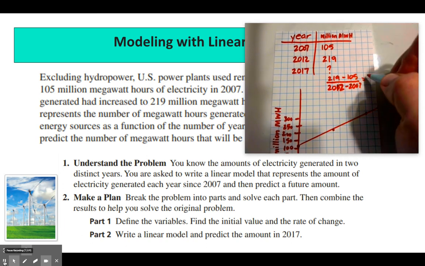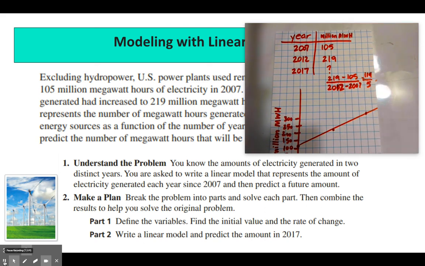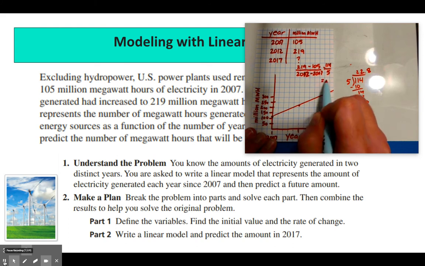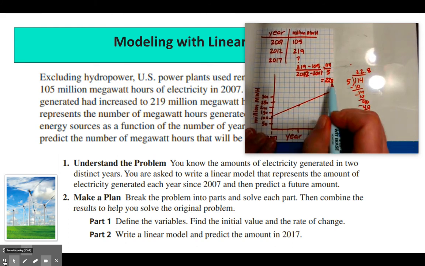So we know this would be 114 divided by 5. Now, if we were to plug that into an equation, do we know our y-intercept? Yeah, that was our starting value at 105. And our rate of change would be this. Now we could make that into prettier form. Doing a little math, we find that that is equal to 22.8. So that's the increase from year to year.